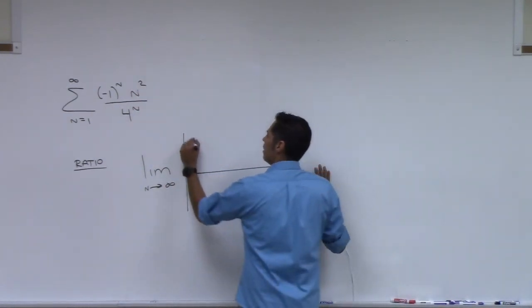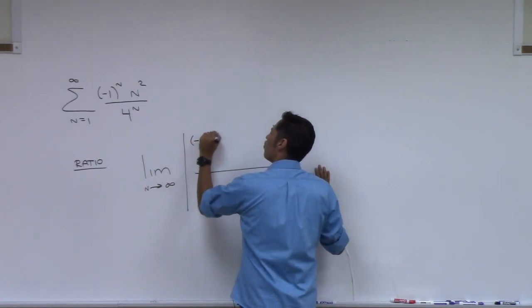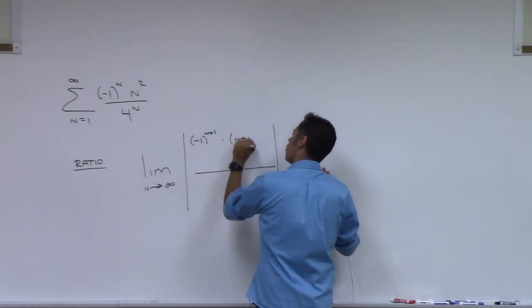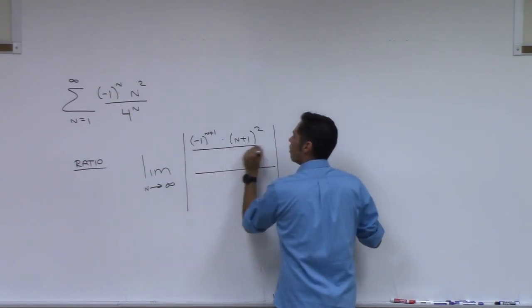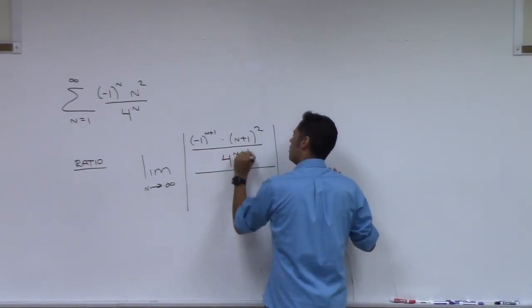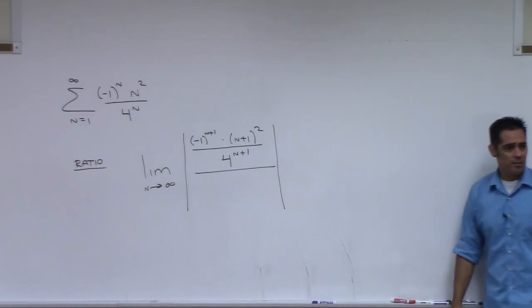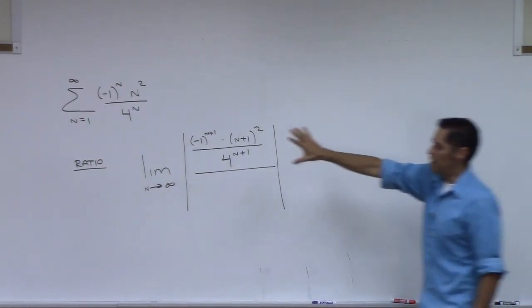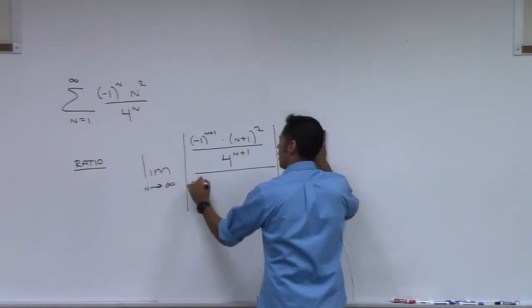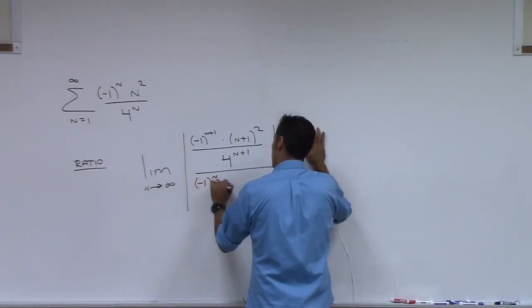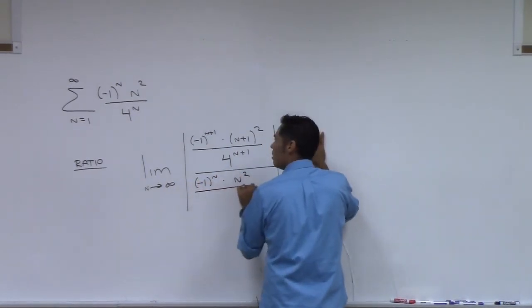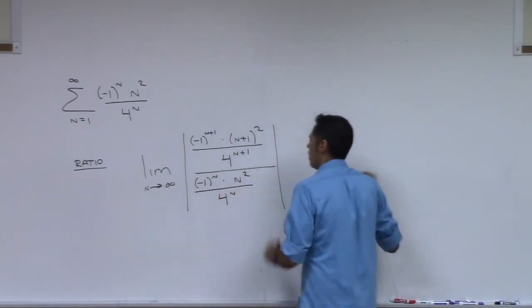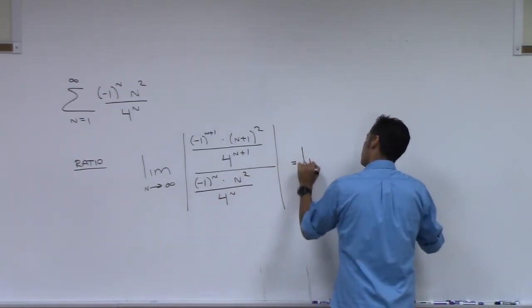So we've got negative 1 to the n plus 1 times n plus 1 squared over 4 to the n plus 1. Do y'all agree that's me replacing all the n's with n plus 1s? And then I'm going to divide that by the sequence itself with just n's in there. So just negative 1 to the n times n squared over 4 to the n.